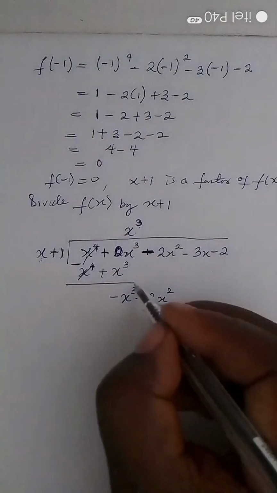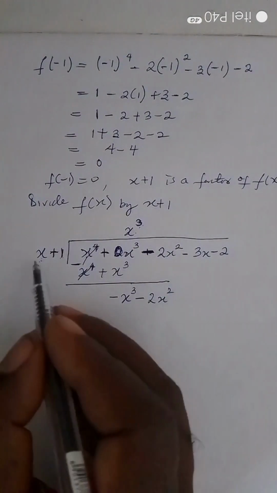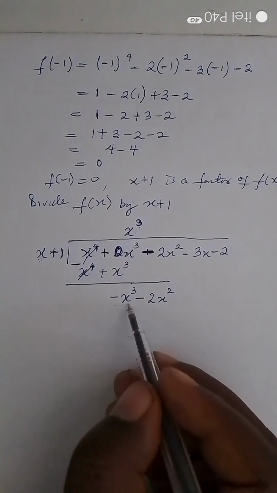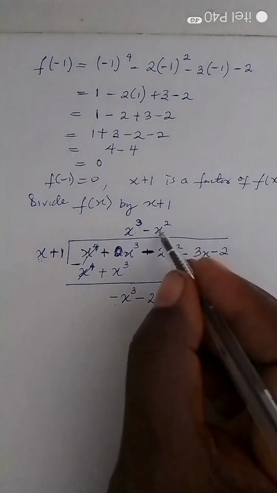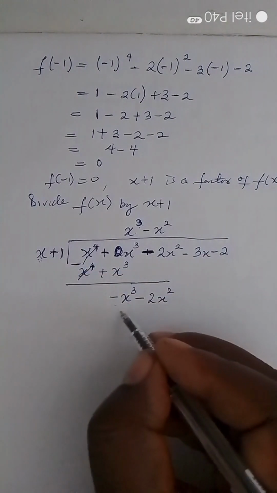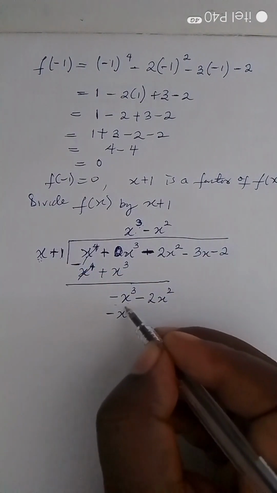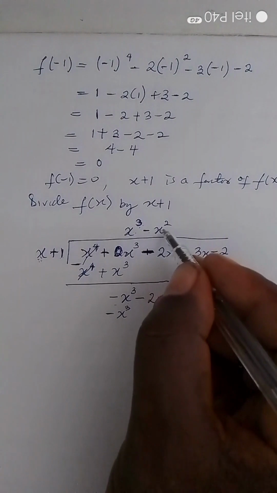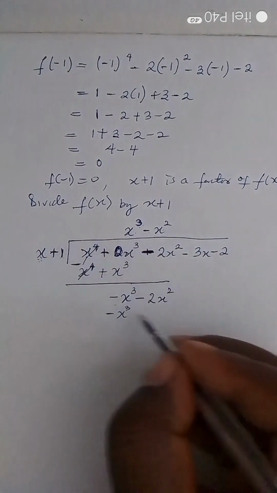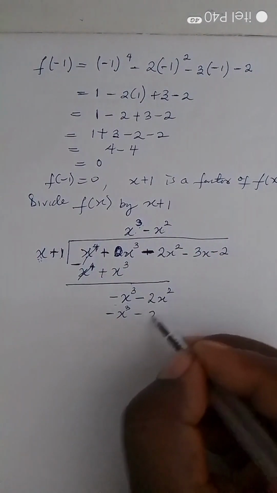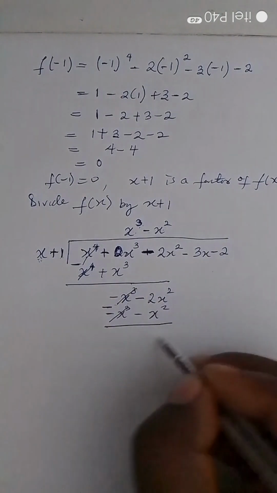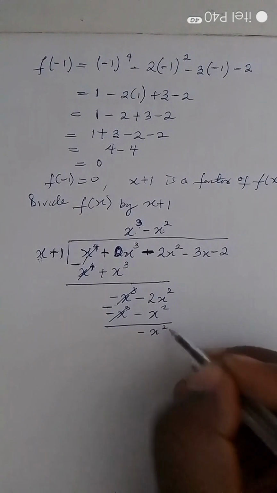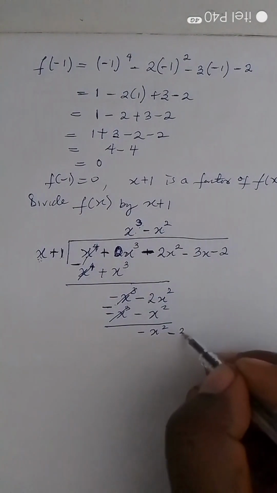So once we bring down minus 2x squared, we now see how many times can x go in minus x cubed? That will be minus x squared. So we multiply, that will give us minus x cubed. Then minus x squared multiplied by plus 1 will give us minus x squared. So subtract that, this and this will go, and so we have minus x squared, and then we bring down minus 3x.